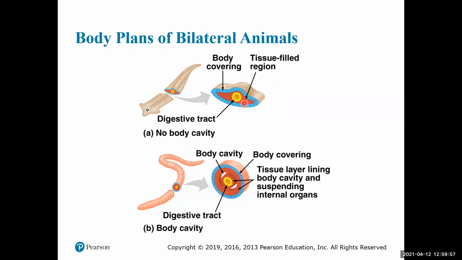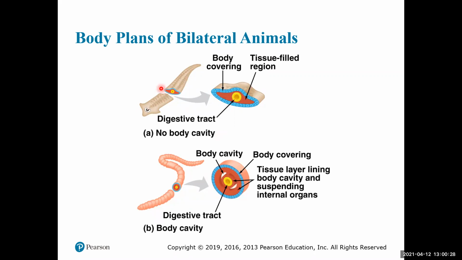You notice here there's three different colors. These three colors are associated with a tissue layer. The blue is the ectoderm, so it's like your skin. The yellow is the endoderm, and that is your digestive tract. The red is the mesoderm, and the mesoderm can vary depending on the organism that it's in.